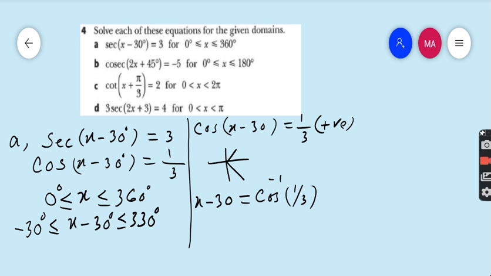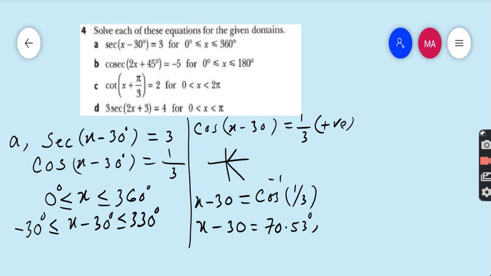Cos inverse 1 upon 3 is 70.53 degrees, and cos is also positive.